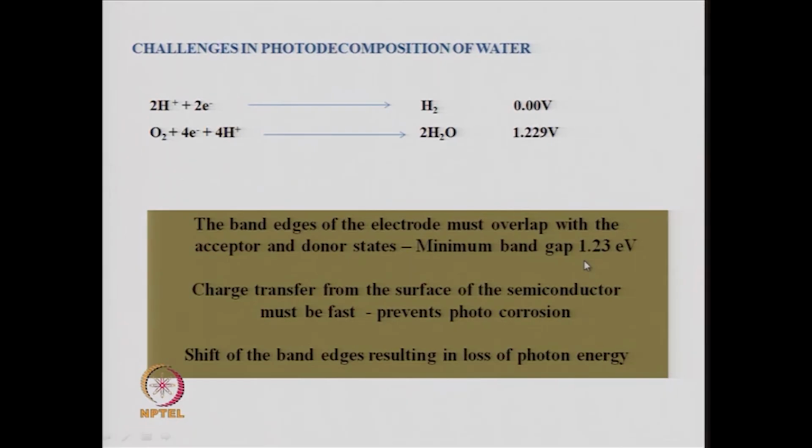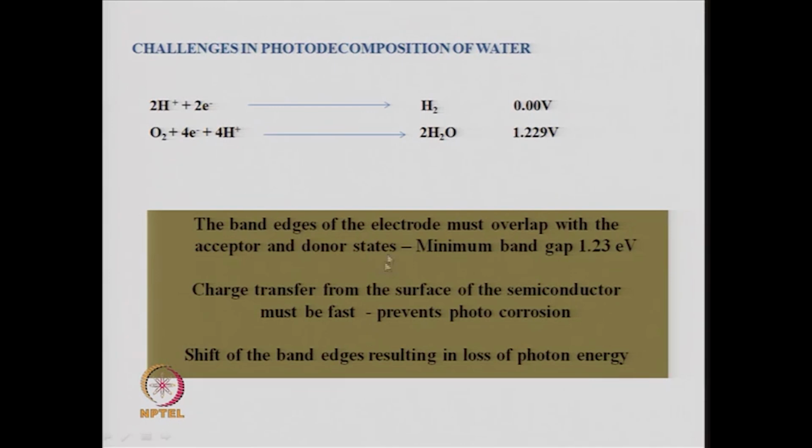This minimum energy means that when light shines on the photoelectrode, electrons and holes will be generated, and then the band gap between them should be at least 1.23 electron volts.